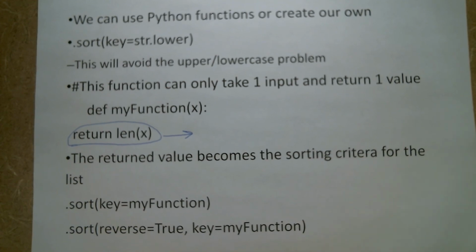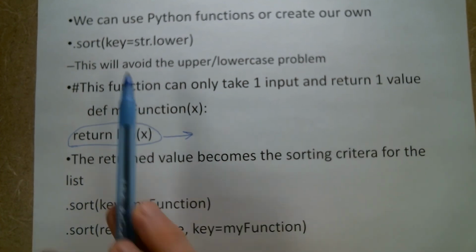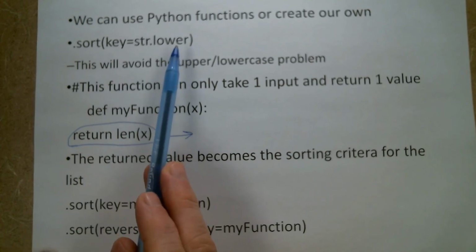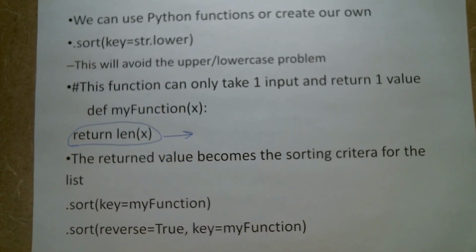All right, so again, a little more advanced, not something you're accountable for, but sometimes kids are curious. How do you fix the upper lowercase problem? That's how you can fix it. Can you define other types of sorts? Yes, you can. You create a function, and that function has to return a single value.